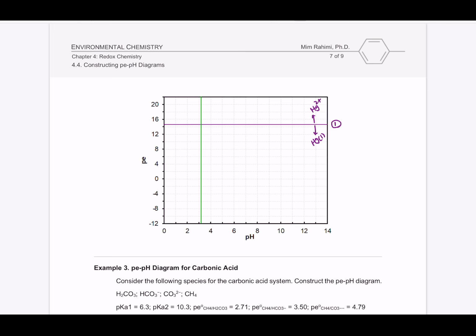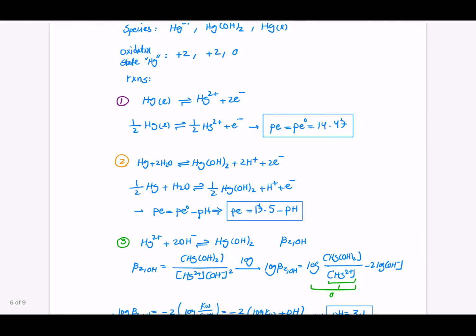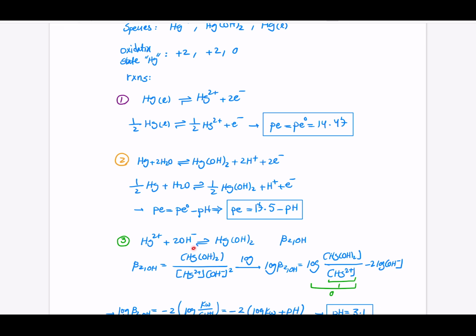This is basically line 3. This is going between Hg2+ and HgOH2. So when we look at the reaction, more hydroxide means more of HgOH2.